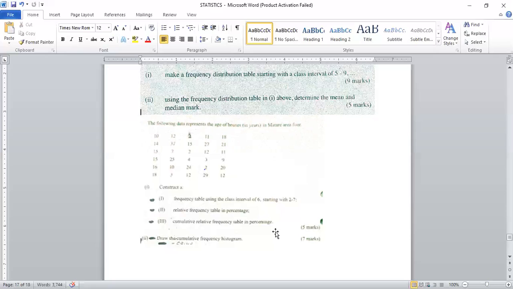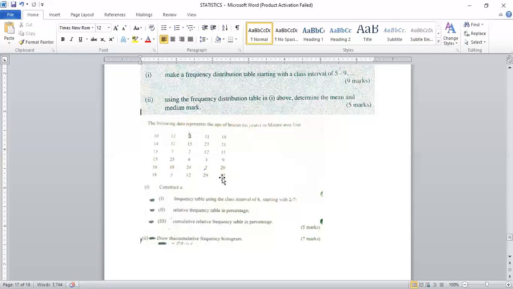How do you do that? For relative frequency, you already have your frequency. Now you want to find the relative frequency part. For example, let's say the frequency of the first class, 2 to 7, is 2. Are we together? But the data that is here, we have the total frequency as 1, 2, 3, 4, 5, 6, 1, 2, 3, 4, 5.